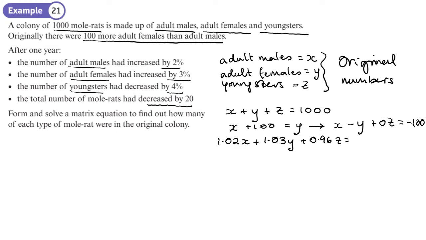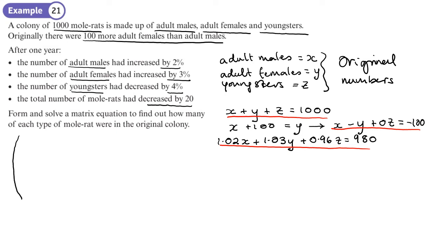And the total number of mole rats had decreased by 20. So it's gone down from 1,000 to 980. Right, so I have my 3 equations here. And what I'm going to do is now write these equations in matrix form. So remember I start with the coefficients of each equation.